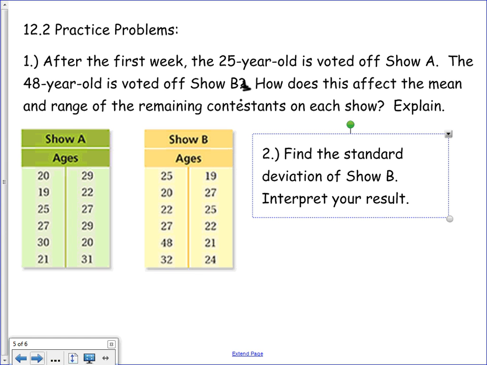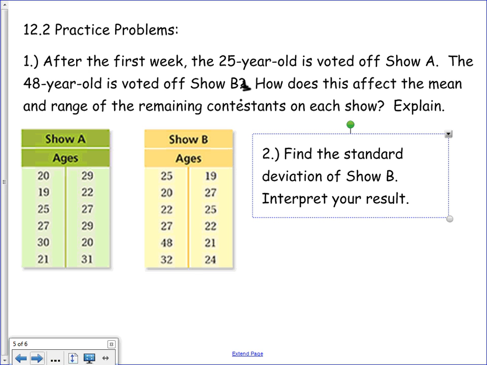And explain. So how does taking the 25-year-old out of show A affect the mean and the range of show A? And how does taking out the 48-year-old from show B affect the mean and the range? Okay, so those are the 2 questions you have for part 1.